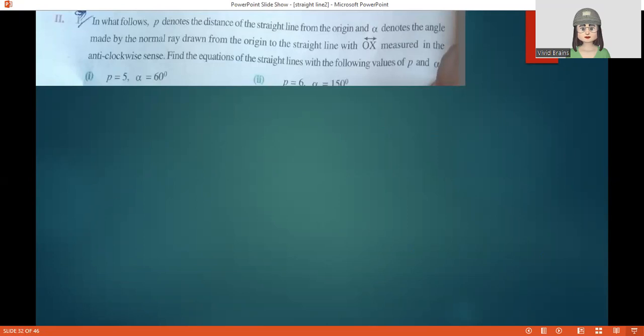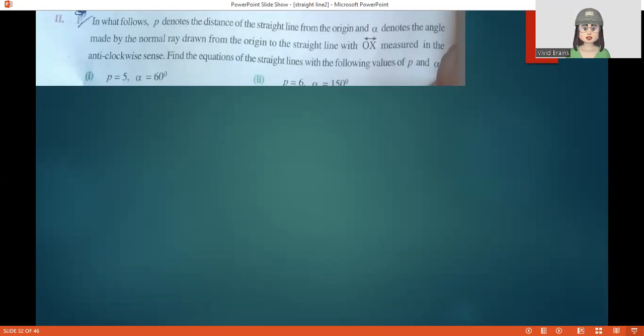In what follows, P denotes the distance of the straight line from the origin, and alpha denotes the angle made by the normal ray drawn from the origin to the straight line, with the OX line measured in the anticlockwise sense. Find the equations of a straight line with the values of P and alpha.